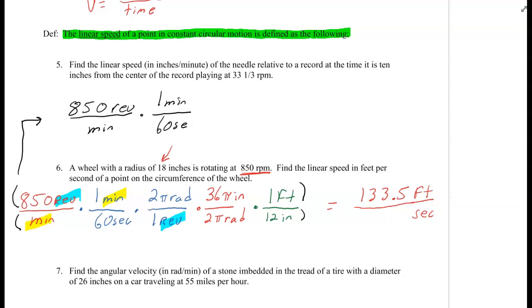But some people like to combine these two steps here that I have the highlighter in green. Some people like to say, well, I know that 1 revolution is equivalent to the circumference. So 1 revolution is equivalent to the circumference. I'm going to write that down.